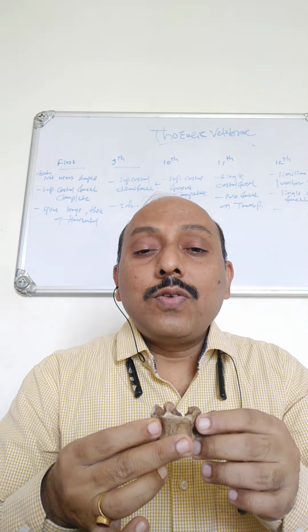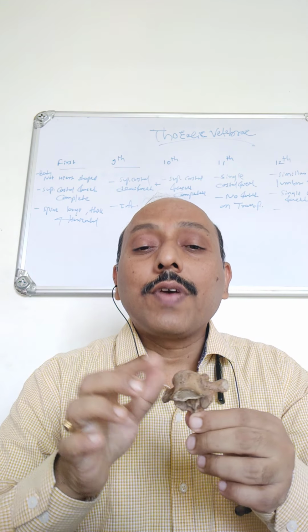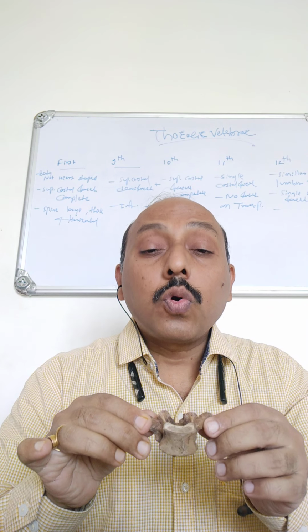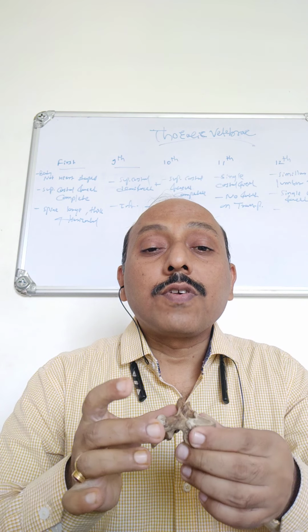So it is very easy to identify the thoracic vertebra. The demifacets are present on the superior and inferior border of the body, and the costal facets are present on the transverse process.